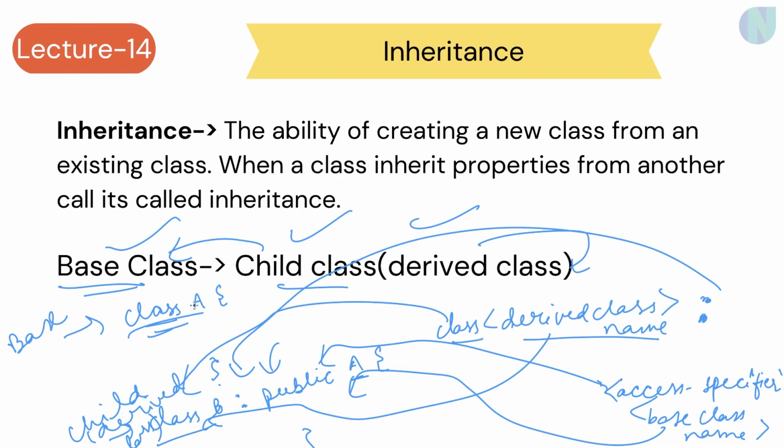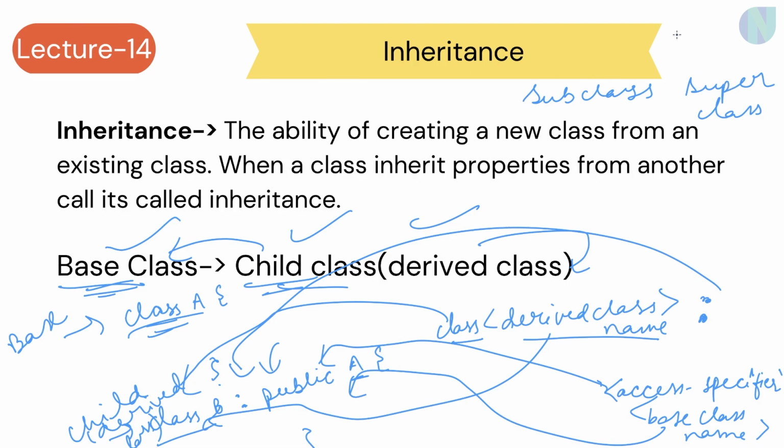Now we can do modification as per our use cases, but all the things which are present in the base class, the properties, are derived into the derived class. There is also a term, you might have heard, subclass and superclass.